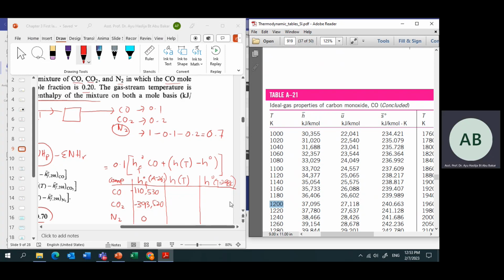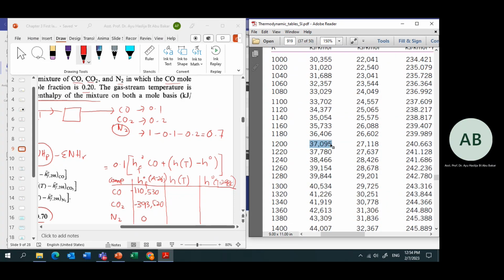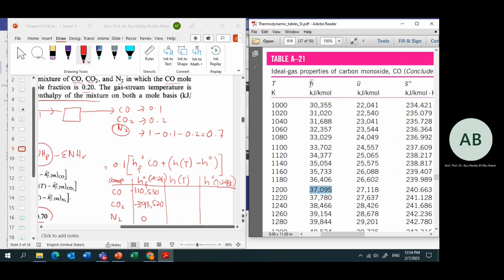Okay, what is the value of the enthalpy? This is the value for the enthalpy. I'll make it bigger. Okay, table A21 at 1200 Kelvin.